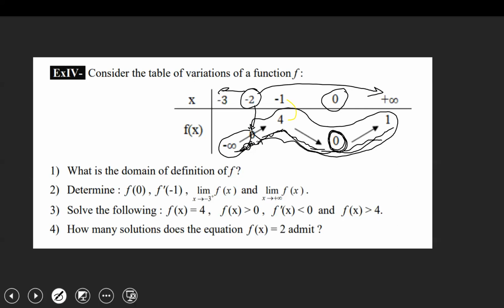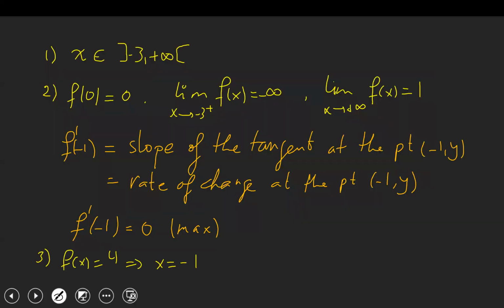So simply the solution of this one, we write f of x is positive when x belongs to minus 2 to plus infinity except 0. That is, the interval minus 2 to 0, union 0 to plus infinity.